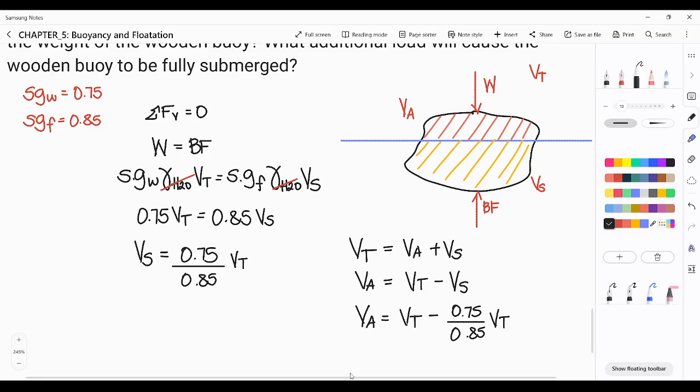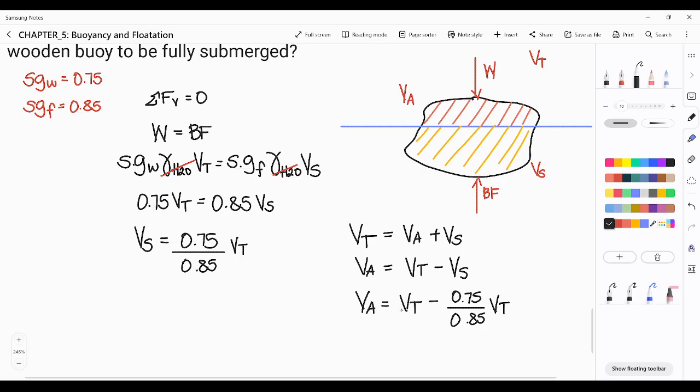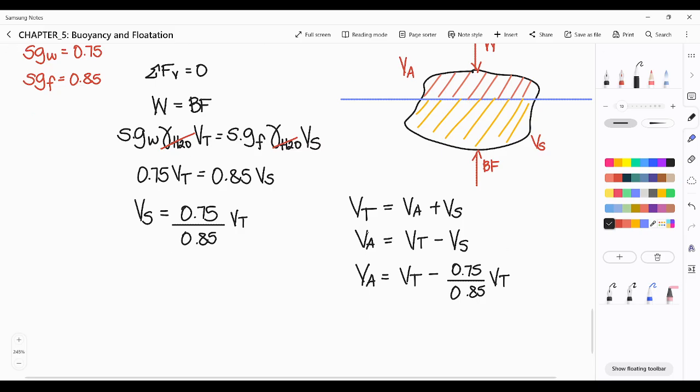Pareho naman na variable, so they will simply factor out. Then 1 minus 0.75 over 0.85, the volume above the liquid surface is approximately equal to, 2 decimals na lang, 0.1176 times 100, that would be 11.76%.